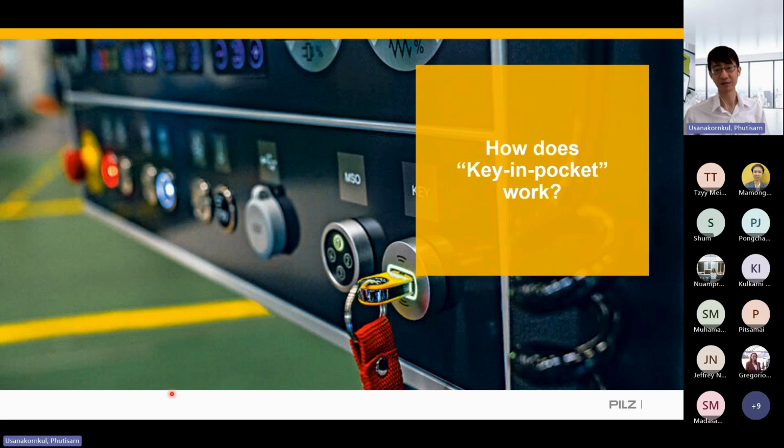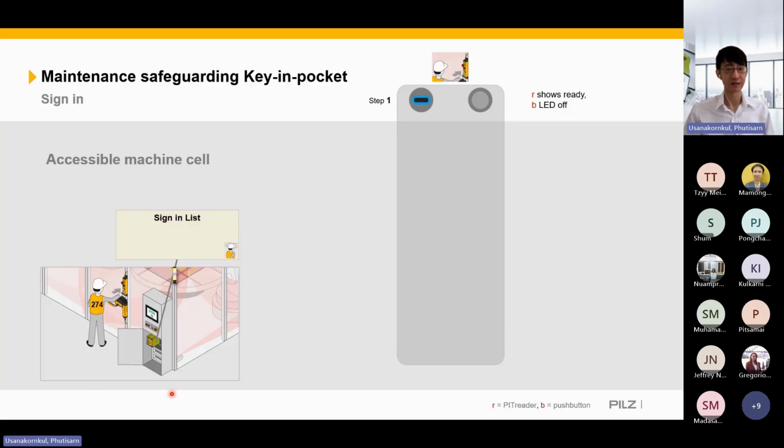Now, how does it work? Right here, we have some examples for sign in, sign out, and check. For this slide, we look at the sign-in option. On the left-hand side is our PID reader, which has an LED showing the status.